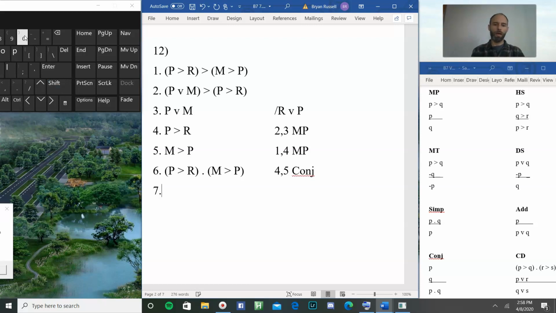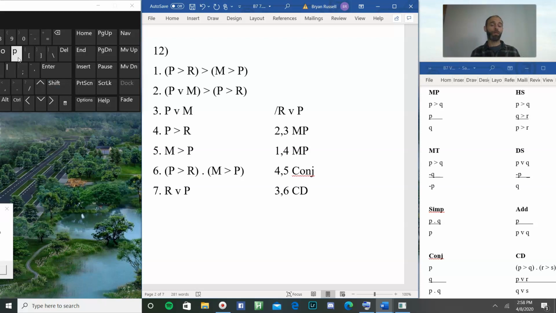And now that we have that conjunction on line 6 and line 3, note 3 is the disjunction of the antecedents of 6. So we can do constructive dilemma and end up with the disjunction of the consequents. So that would be R wedge P. And that was 3, 6, constructive dilemma.